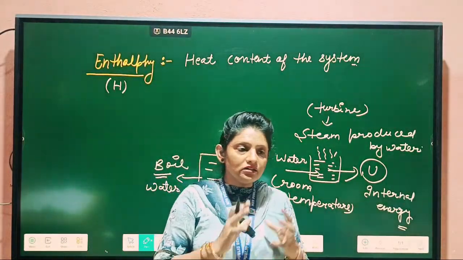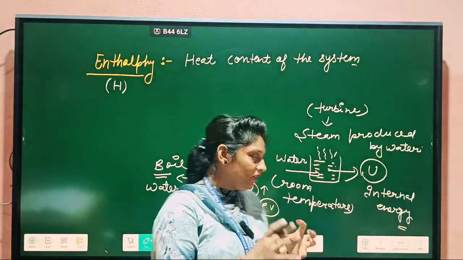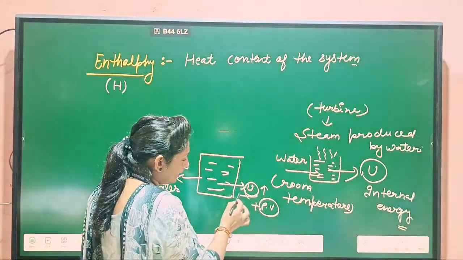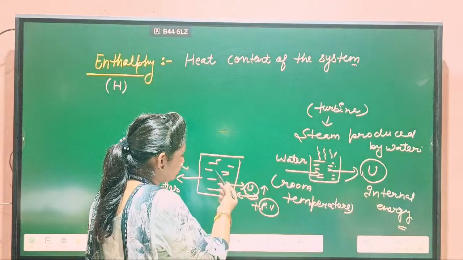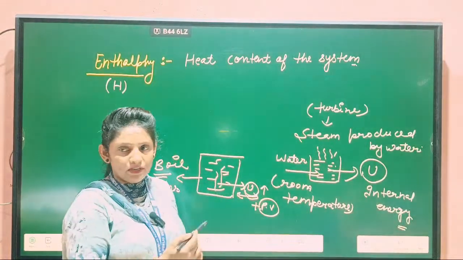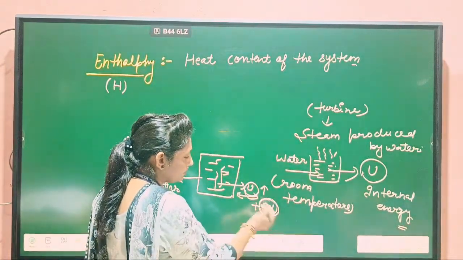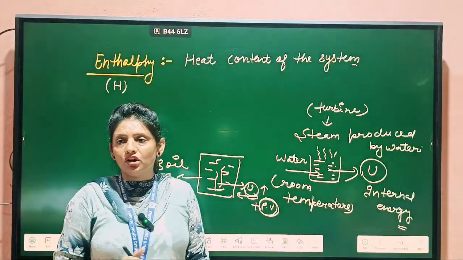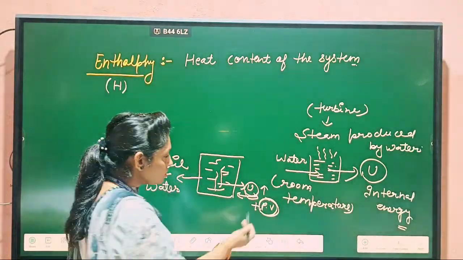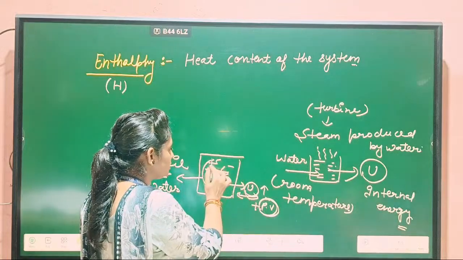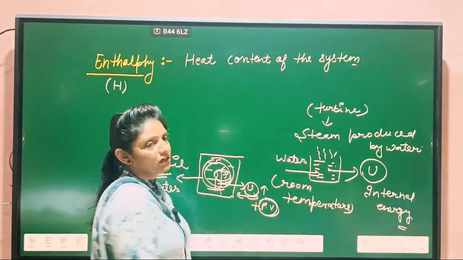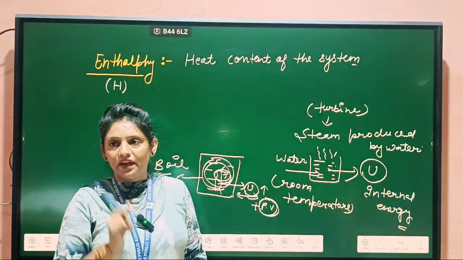Then students, enthalpy means here the internal energy which is possessed by the system, plus the work we do on it, that is pressure into volume. This total heat content of the system is known as enthalpy.